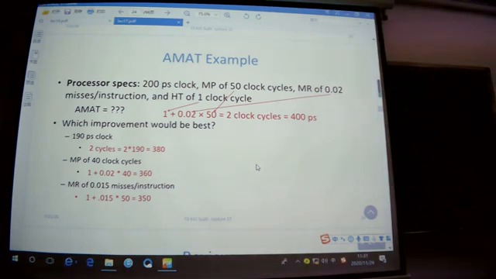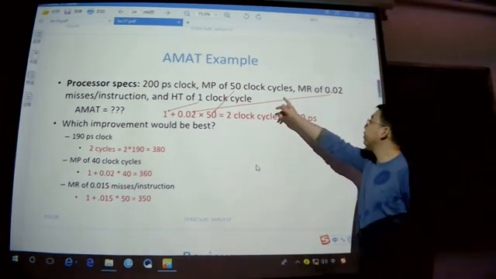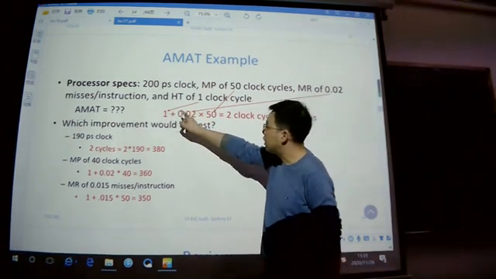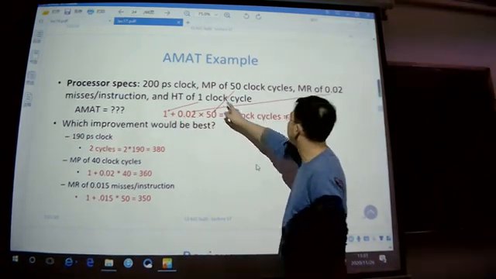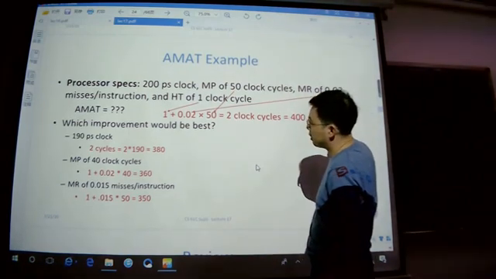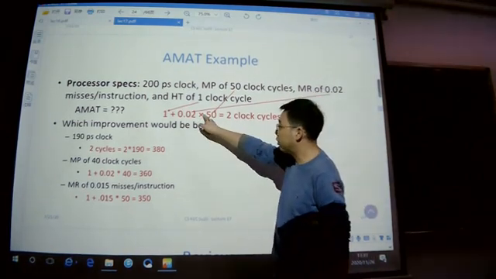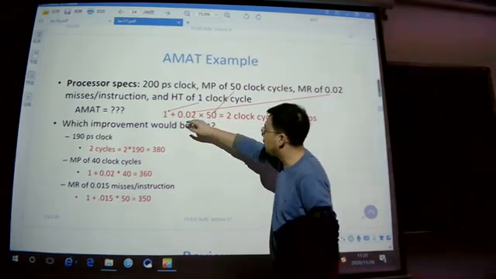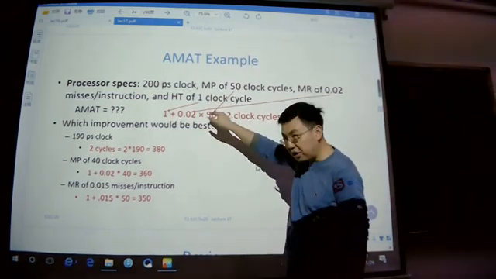Okay, this is the answer. We can find 1 cycle at 0.02 misses. Yeah, this is the miss rate, multiplied by the miss penalty, MP. So this is AMAT.